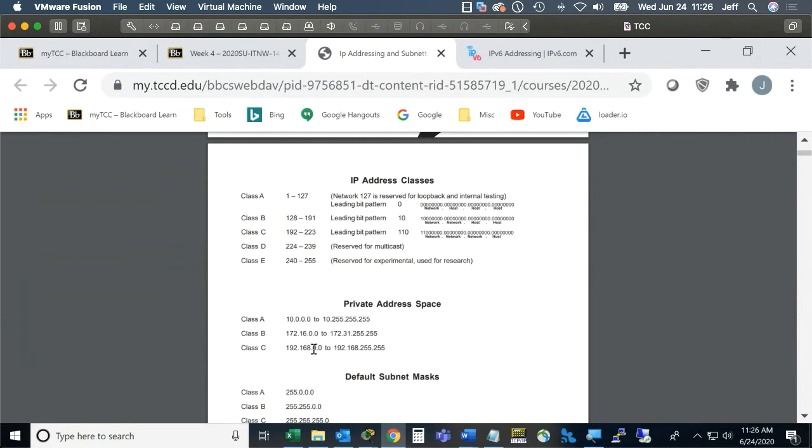You could break each of these into 2 networks with 128 possible hosts on it, or maybe 4 networks, right? Because at home you could still probably break one of these networks down and give 12, 16 hosts or something like that, and still be okay.